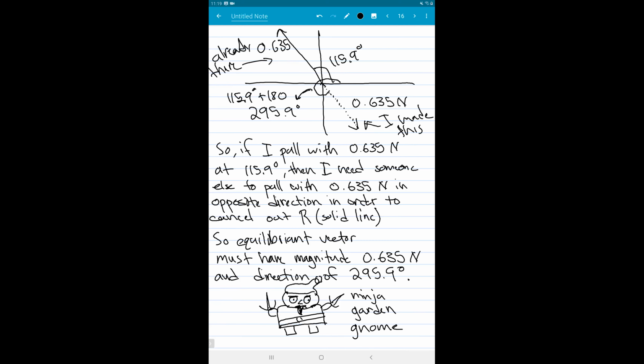I can pull up and pull out a little bit like this, or I can pull not straight up, but somewhere in between, with a certain different force, and those two things are the same. So the equilibrium vector is the one that cancels out my resultant vector up here.